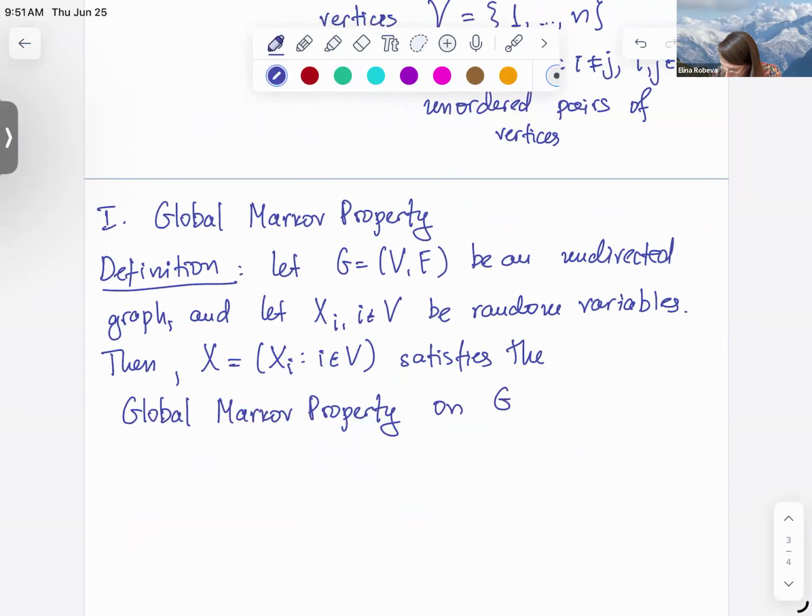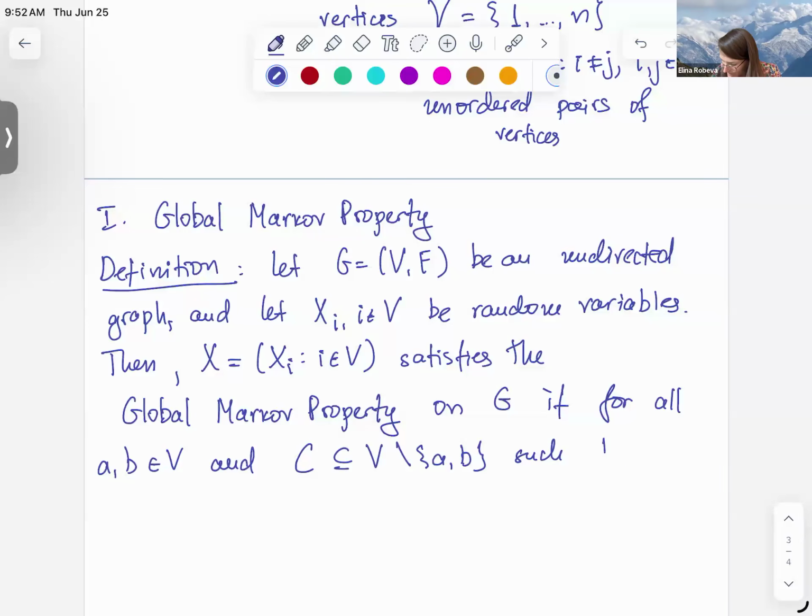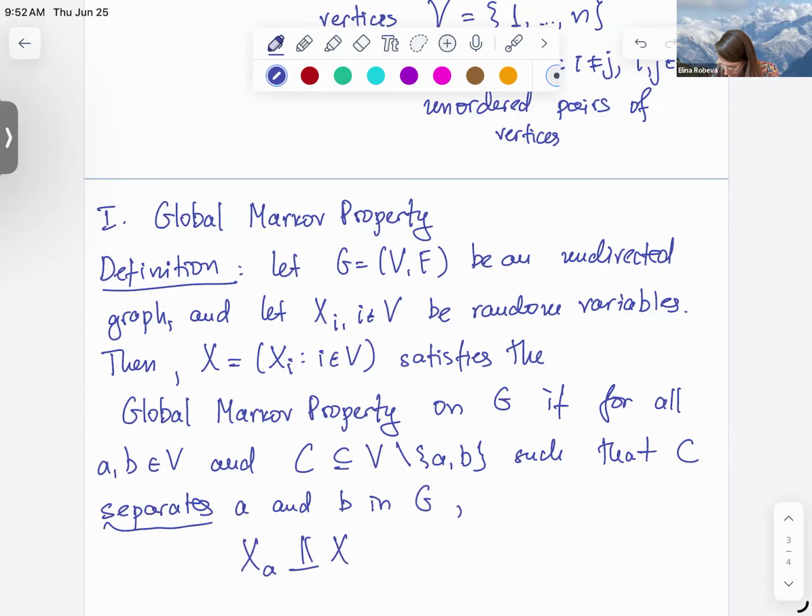On G, if the following happens, so if for all disjoint sets, actually, no. If for all A, B subsets of vertices and C subset of vertices, which is not A or B, such that C separates A and B in G, and I'll explain what this means, X sub A is independent of X sub B conditioned on X sub C. And C here is a set of variables.